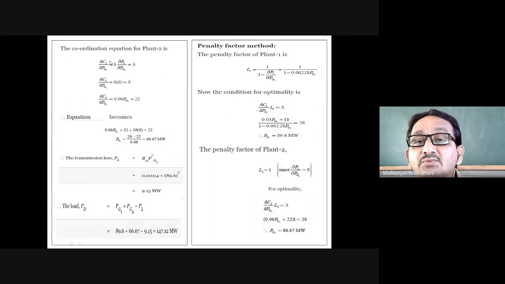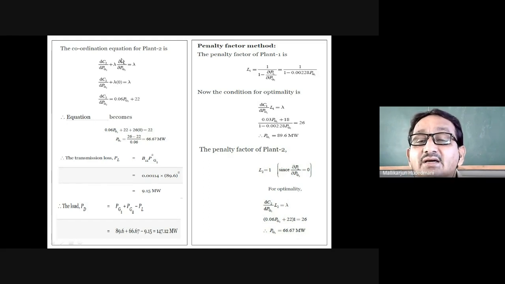Then you substitute in the coordination equation for plant 2, dC2 by dPg2 equals lambda into this thing. Then I will get the second plant's ∂PL by ∂Pg2. Can you see this? It goes to 0 because there is no loss incurred at plant 2. Why? The load is on plant 2, there is no loss in plant 2 itself.